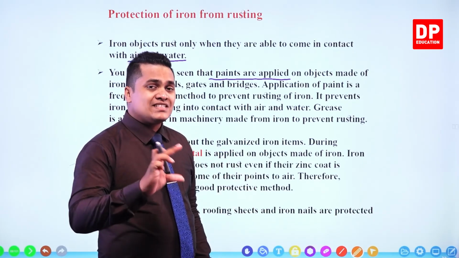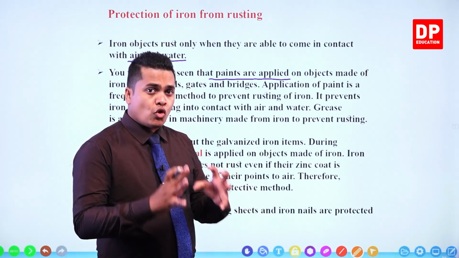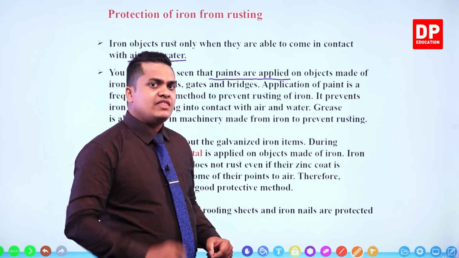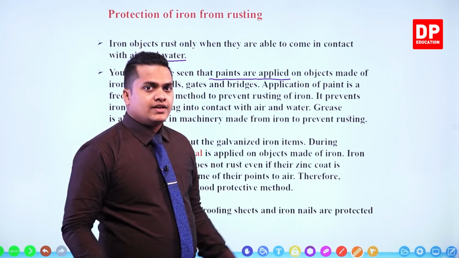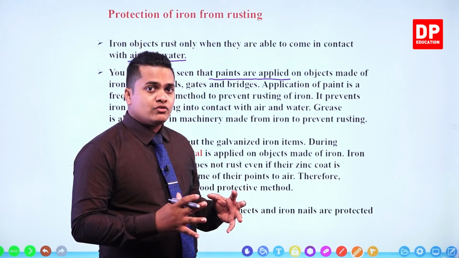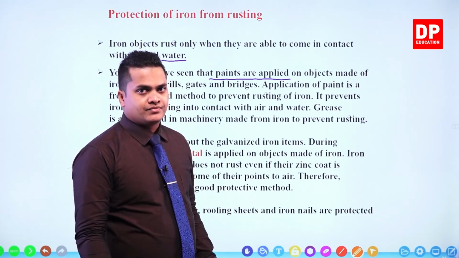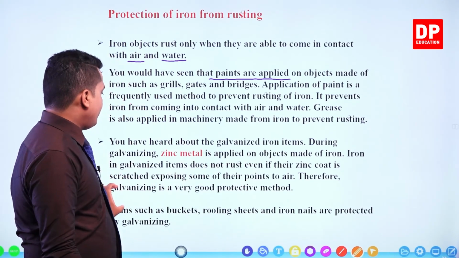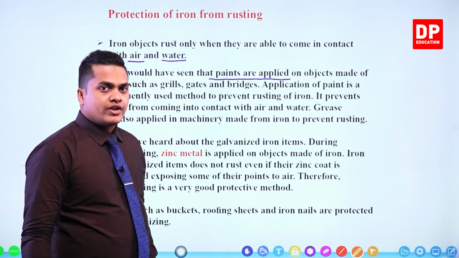So this is called galvanizing. Galvanizing means we are using a stronger metal coating on iron to save the iron from rusting, right? Here the strong metal is going to sacrifice itself to protect iron. So therefore, galvanizing is a very good protective method to avoid rusting.